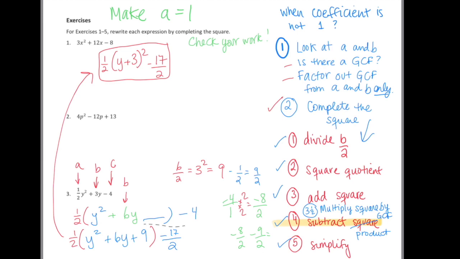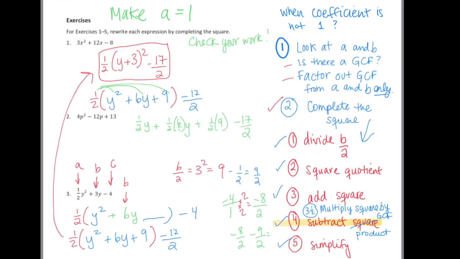I'm going to expand that square binomial. Checking work is always tedious and a lot of work, but we have to do it. Let's start by distributing that 1/2. By keeping numbers as fractions, it actually makes it easier when we're doing this step.